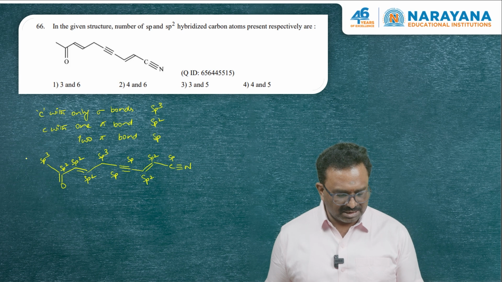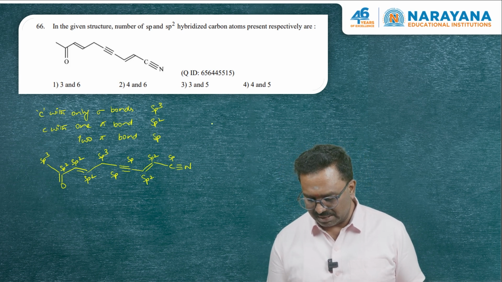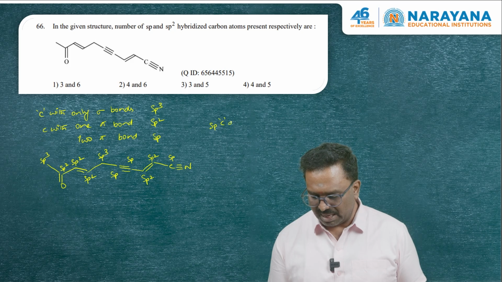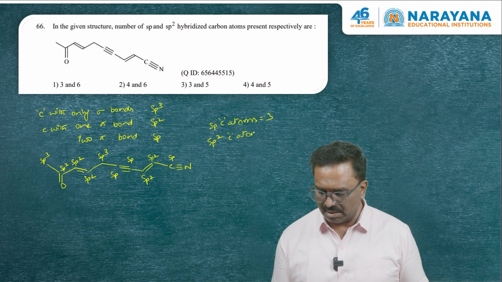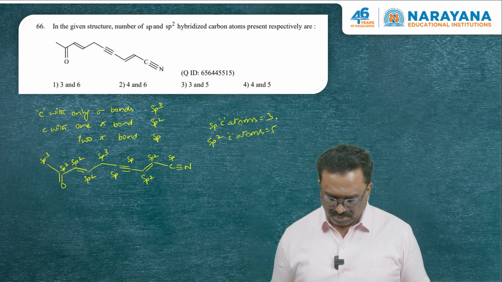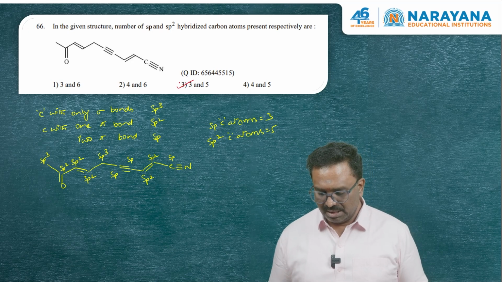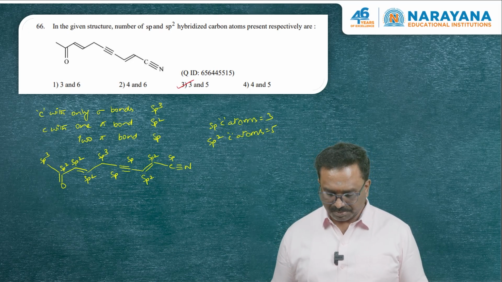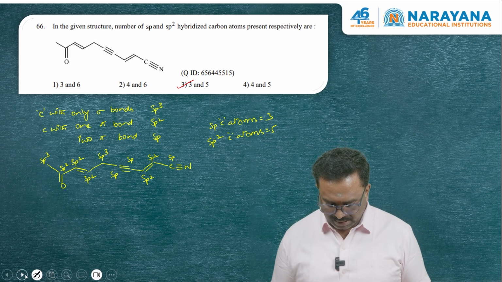So the number of sp carbon atoms is 3, whereas sp2 carbon atoms are 5. So the more accurate answer for the given is the third option. Let us see the next one.